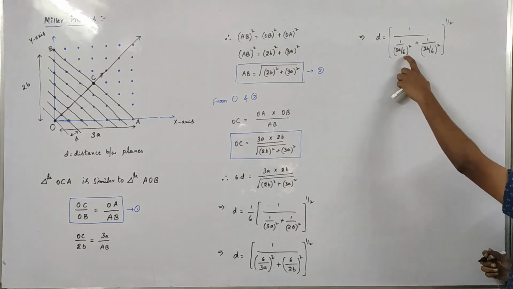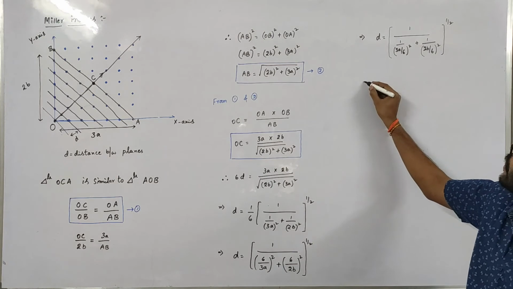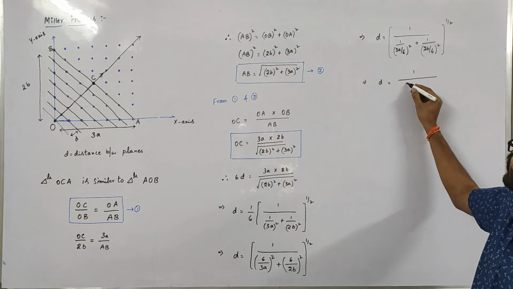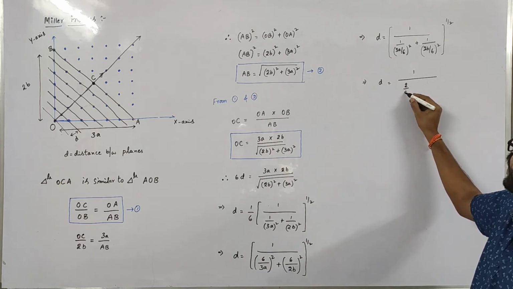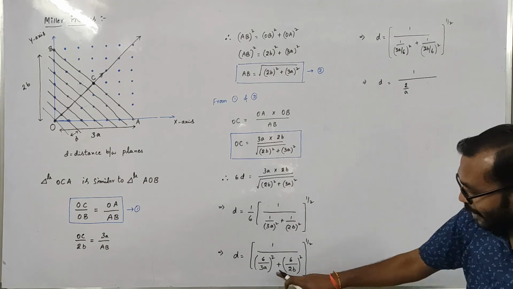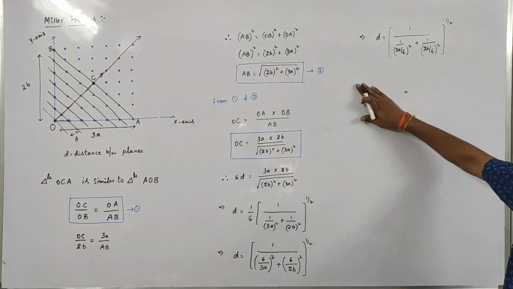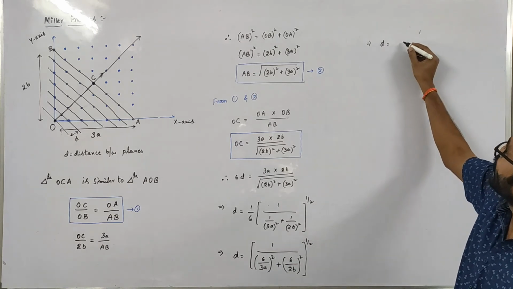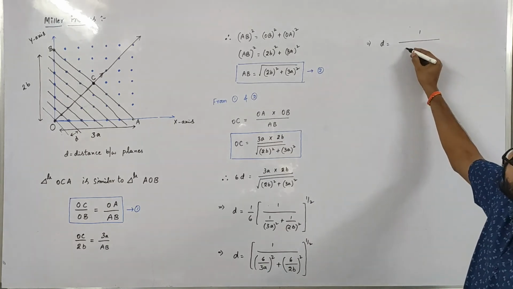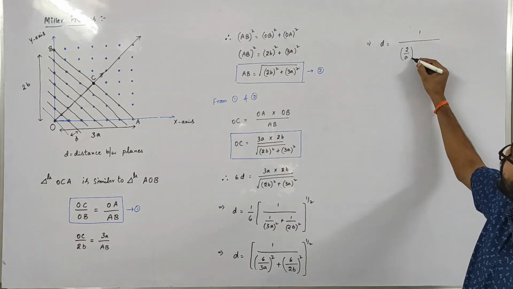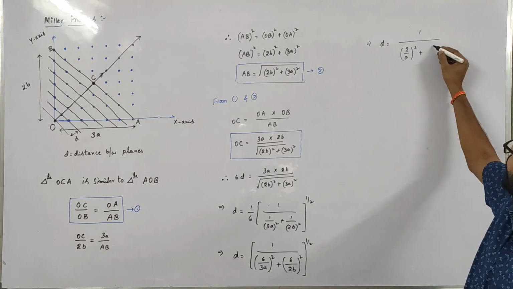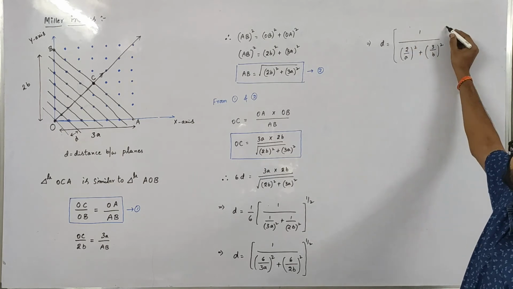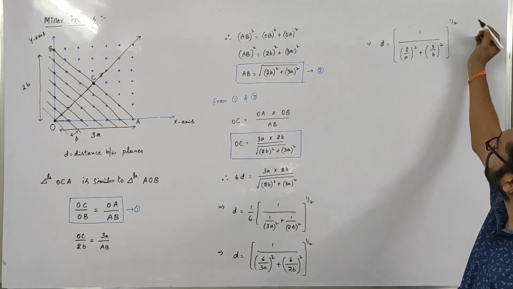Can I write this as A by 2? Yes. So D is equal to 1 upon A by 2 whole square, 2 by A. Directly I can cancel this, so no need of writing it in the outer form. So D is equal to 1 upon 2 by A whole square plus 3 by B whole square, whole power 1 by 2.